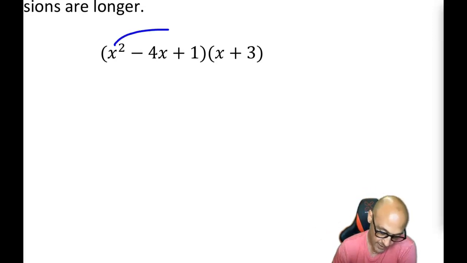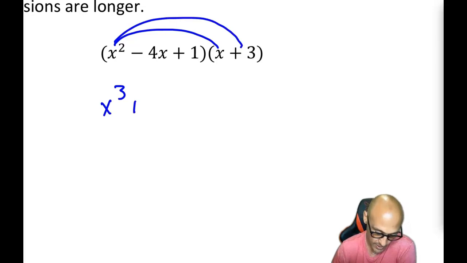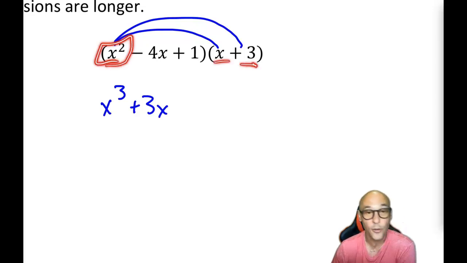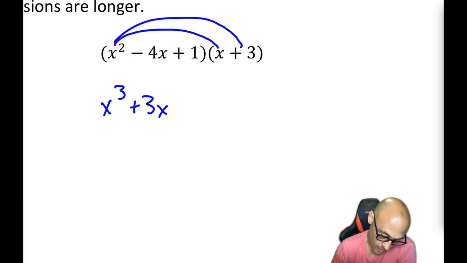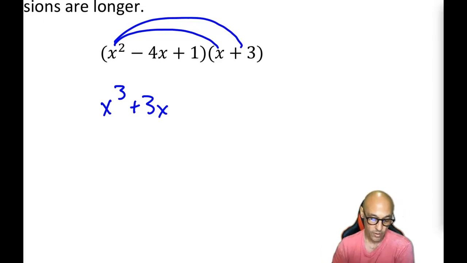So x squared times x is x cubed. X squared times 3 is positive 3x. So I've multiplied this first term by each of the two things in the second parentheses. Actually, I'll do colors like this.